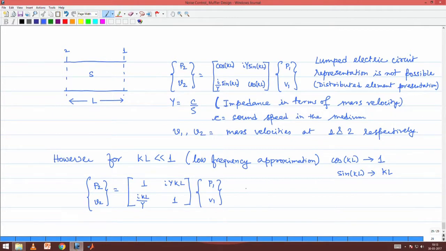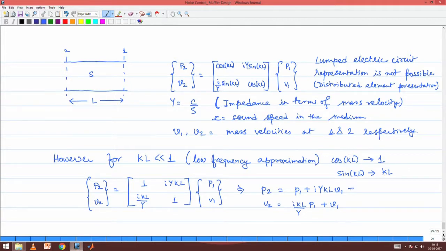right. So, if we again open these two equations up, we get the following: P2 is equal to P1 plus iy kL into V1, and V2 is equal to ikL by y into P1 plus V1.